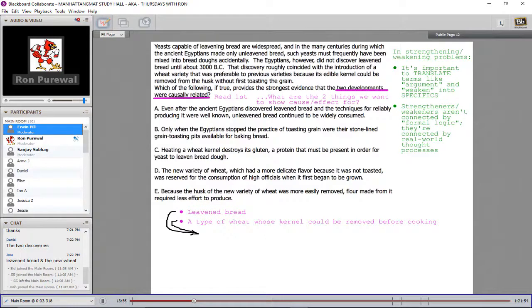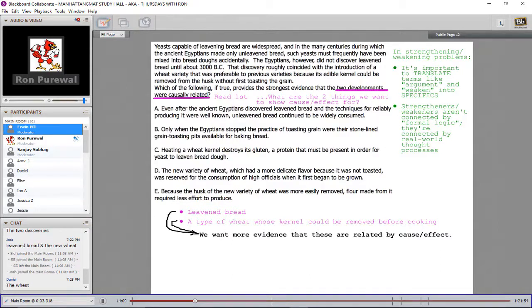Which one's going to be the cause? Yeah, the cause is going to be the new wheat, right? I mean, obviously, because a type of bread is not going to cause a new type of wheat to exist. That would be crazy. So if anything is going to be a cause and an effect here, this is going to have to be the cause, and this is going to have to be the effect.